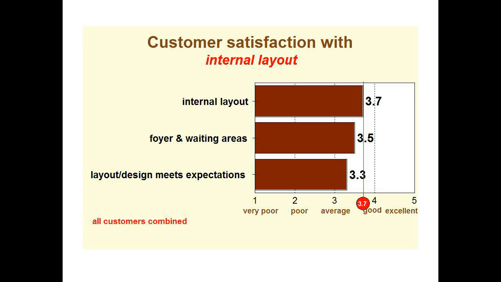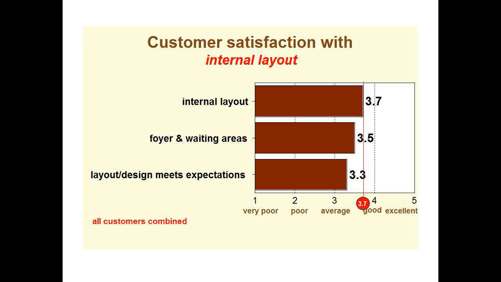Internal layout is something that I always strongly believe is a successful design if we can get it to function properly. And the interesting feedback here, looking at all customers or occupants combined, is that again it's coming back to layout and design maybe not meeting expectations. So that also aligns to the earlier question and result we had with university and educational objectives and being able to meet future needs.